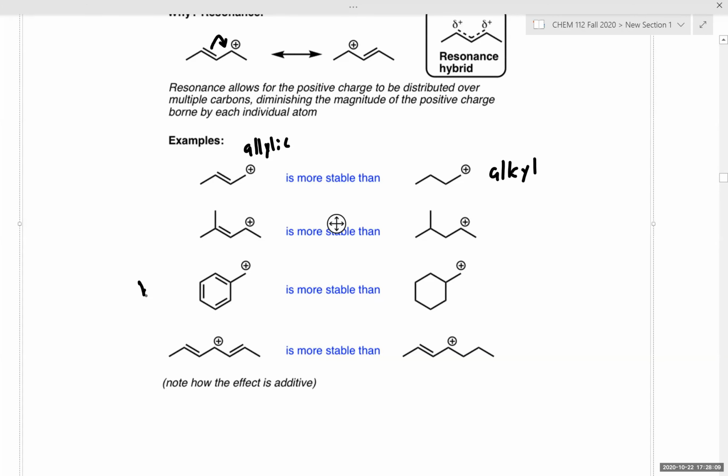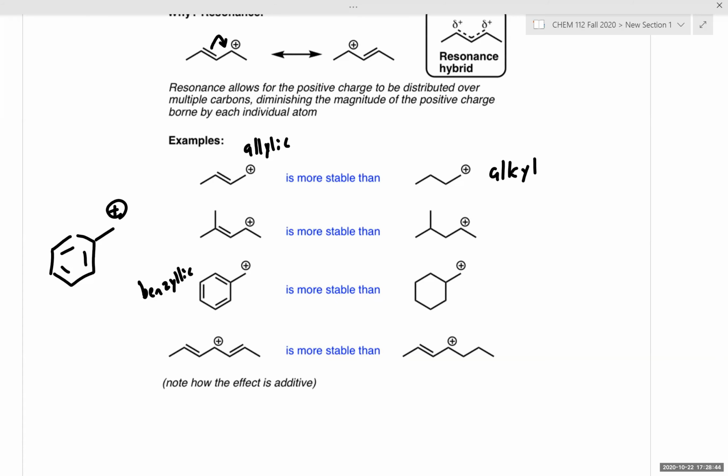So for example, this benzylic cation is abnormally stable. Would anyone like to propose why? If we look at this benzylic cation, why am I noting that it has an abnormally high stability?